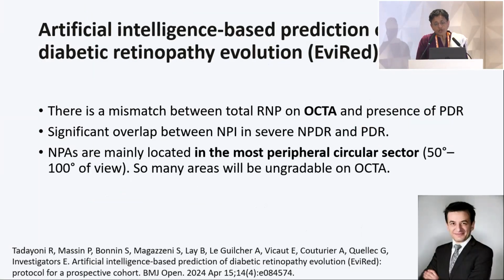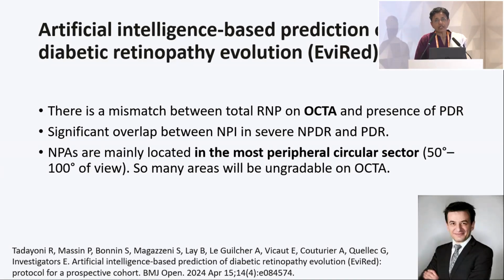At this point, we have to credit Ramin Tadayoni because he tried to do capillary non-perfusion work on OCT-A. He found a mismatch between retinal non-perfusion on OCT-A versus the presence of PDR. He suggested that there is significant overlap of the non-perfusion index. The non-perfusion index is defined as the total area of non-perfusion divided by the total gradable retina.